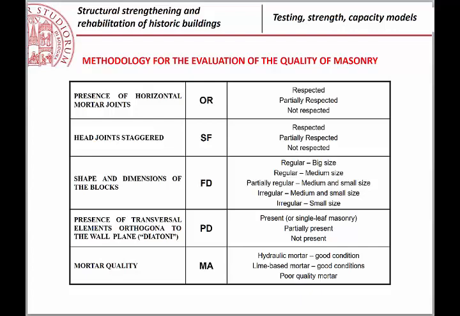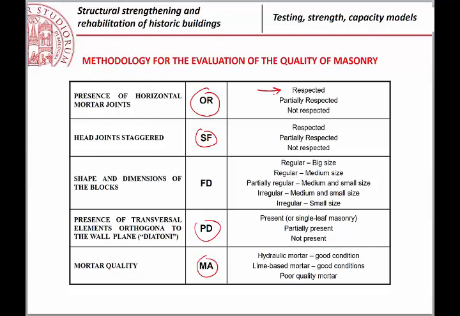As I said, there are 5 categories, and these are the names that are given. And for each of them, for example, presence of horizontal mortar joints.